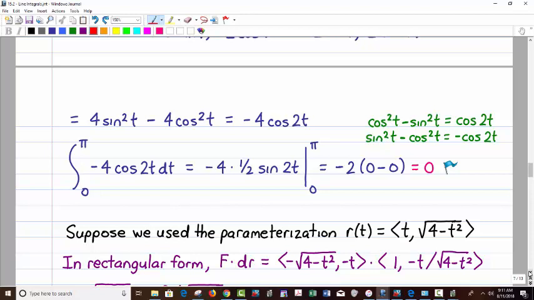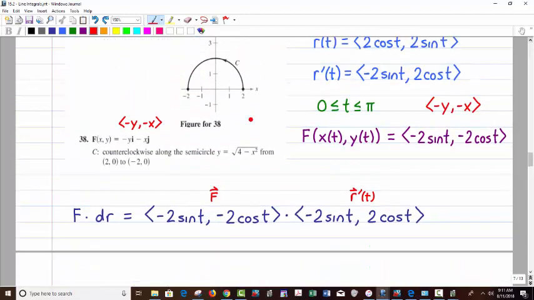Now this next one, don't worry about doing it this way, because I've already done it the best, most efficient way possible. But you could have gone right back up here for y equals the square root of 4 minus x squared.